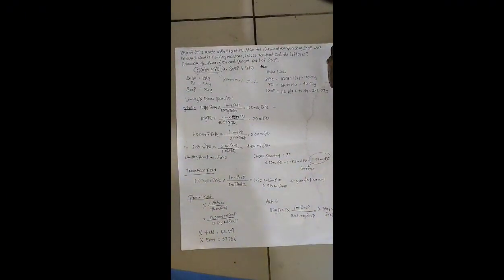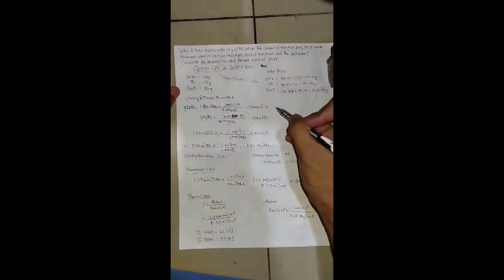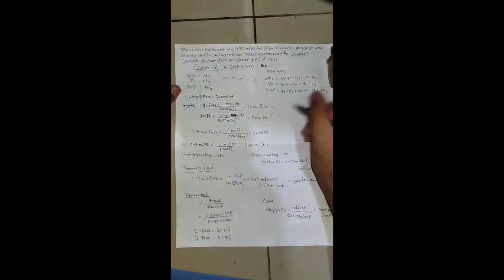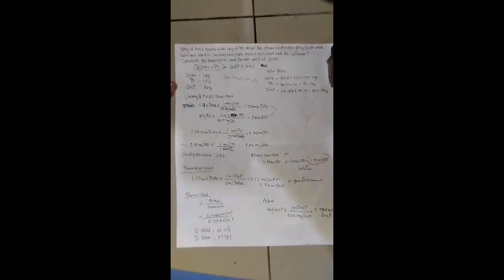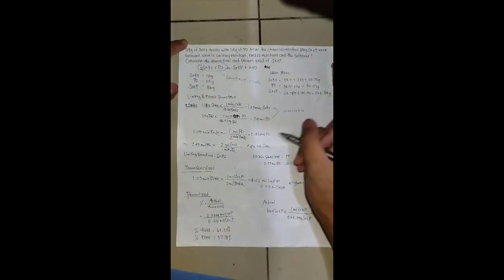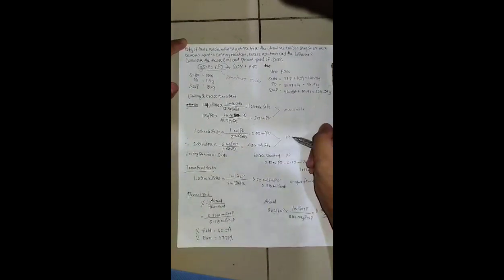Now we can identify which are the limiting reactant and the excess reactant. Now how to identify? This we called our available, and this we called the required.